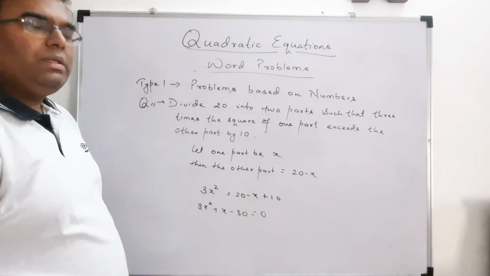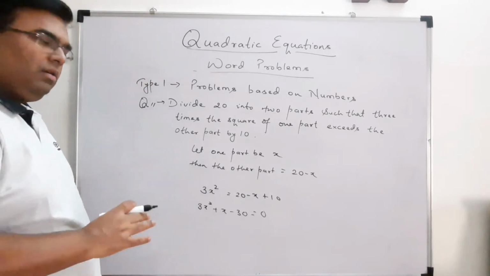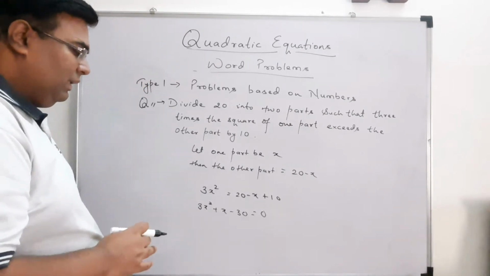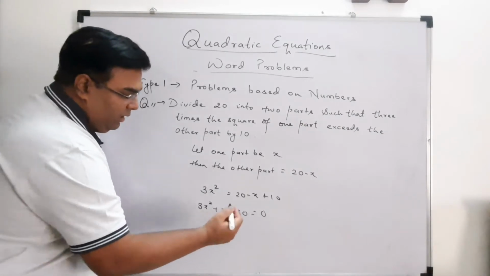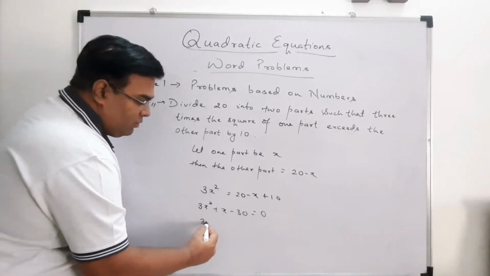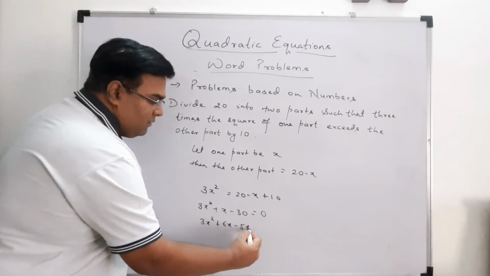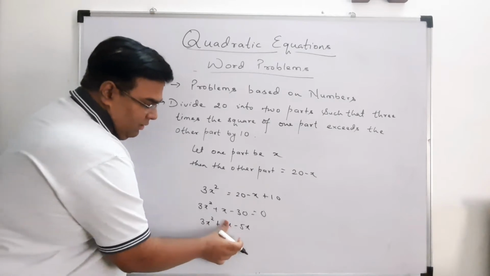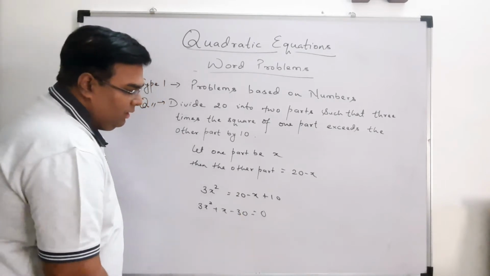Now you can use any method, either factorization method, formula method, or completing the square method. Anything you find easy, you can apply here. So I get 3x square plus... sorry, it will not be like this. We need two numbers whose product is 90 and difference is 1.